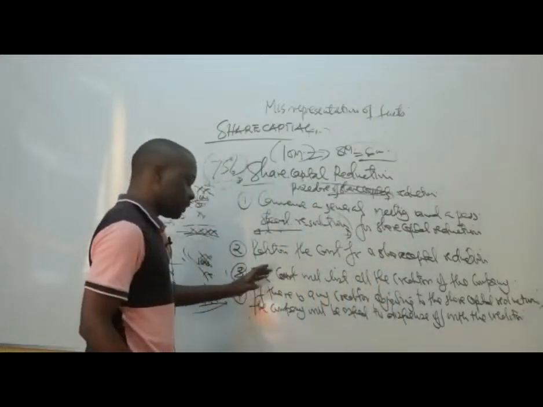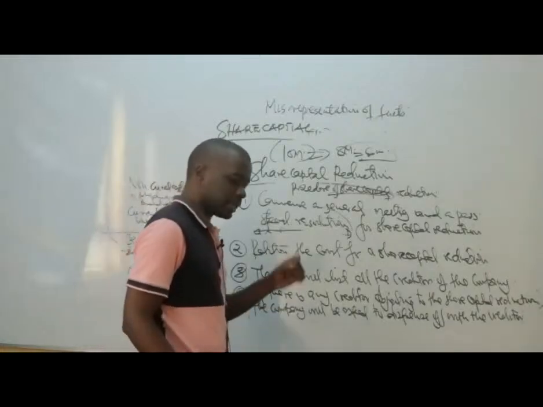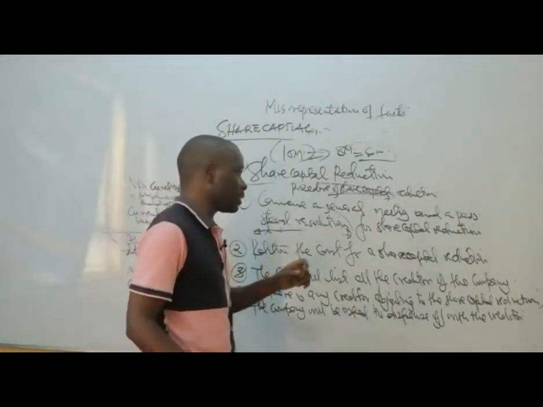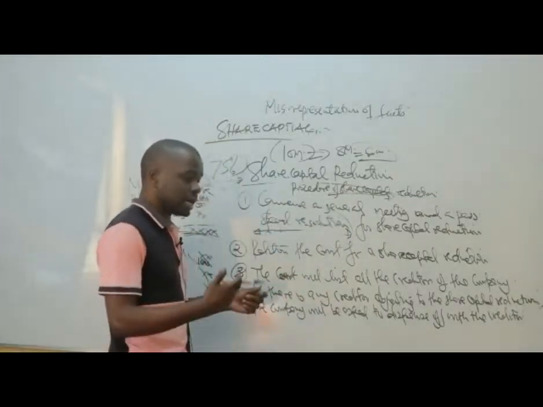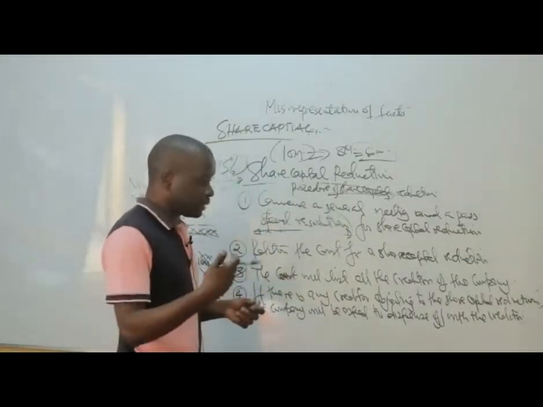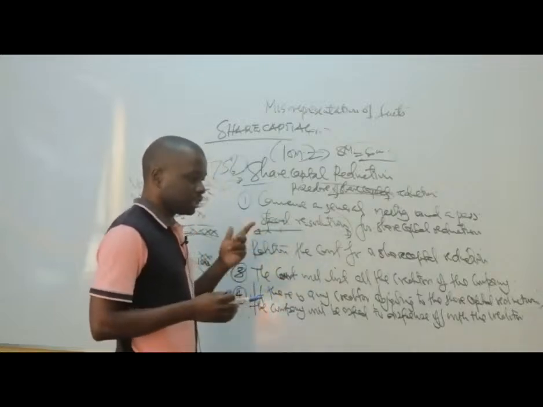So if they have listed the creditors, and now out of the creditors they have realized there's a creditor who is actually objecting, he doesn't want the share capital reduction to be done, what they'll do as the court is simply ask the company to pay this creditor because he's the one who is objecting. Now the question should actually come to your mind.